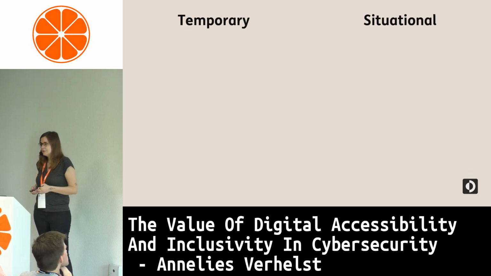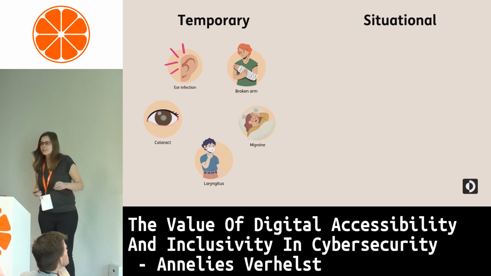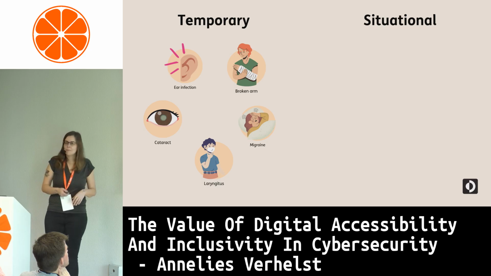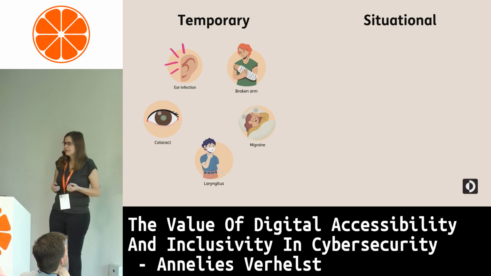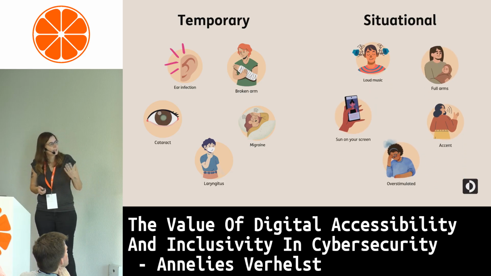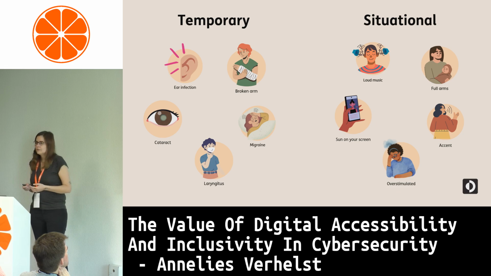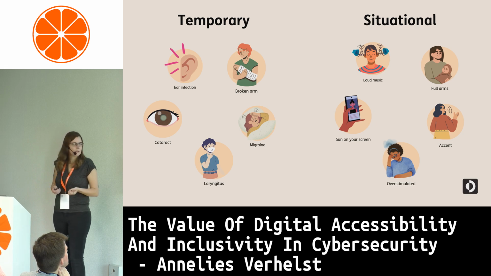But there are also temporary and situational disabilities. I know it's not great in the back, but you can have an ear infection or a broken arm. You can have cataract, and fortunately it can be fixed. Usually you can have migraines, laryngitis, but also in certain situations you can feel like you're not able to do the things you want to do.